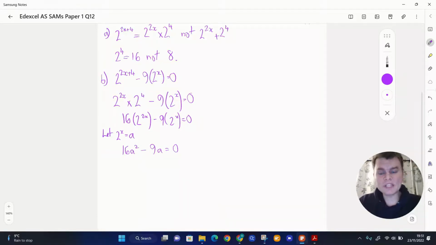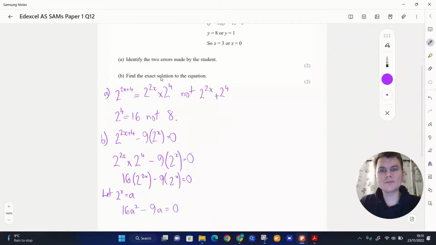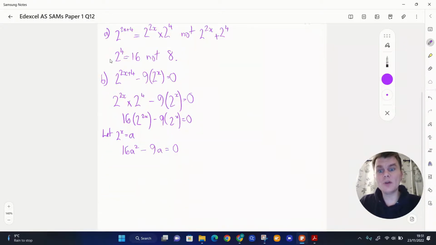And look to factorise, because if you go back to the original question, it asked for an exact solution. So we'd look to factorise. So we're going to bring an a out. And that will tell us what 2 solutions for a would be.